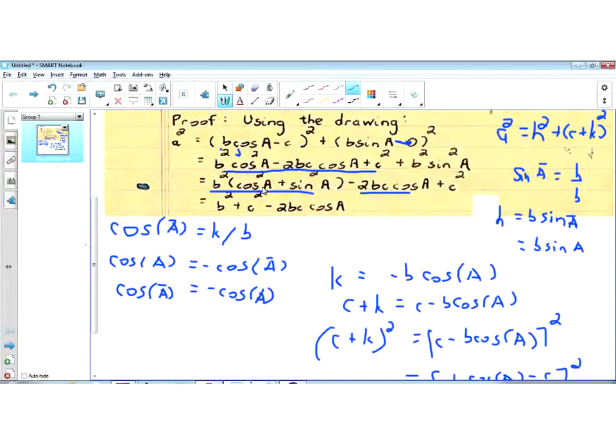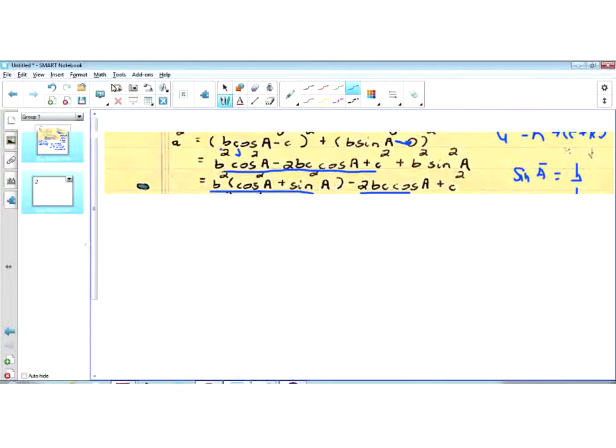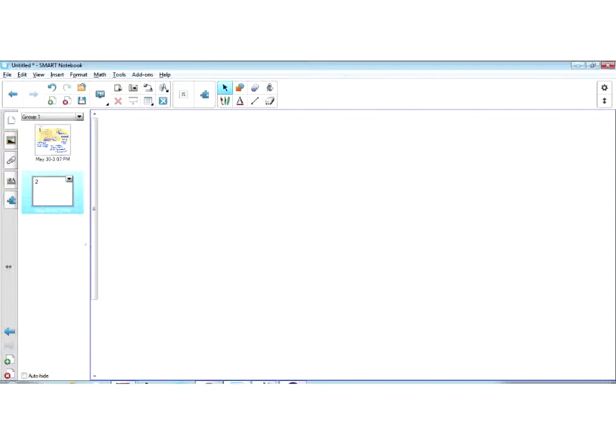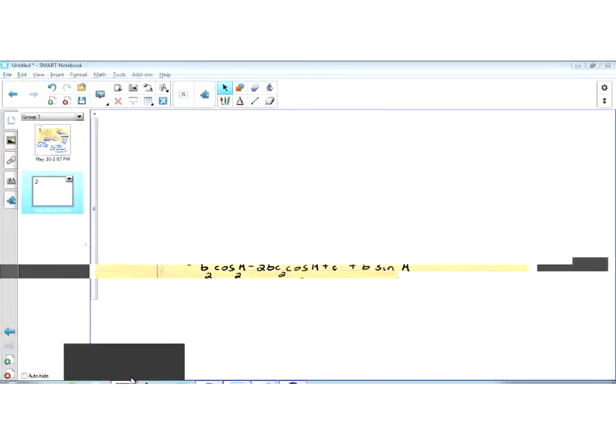It's not too difficult. So now we can solve a triangle using the law of cosines. So let's do that next. Let me paste something from the lecture notes. An example of solving a triangle.